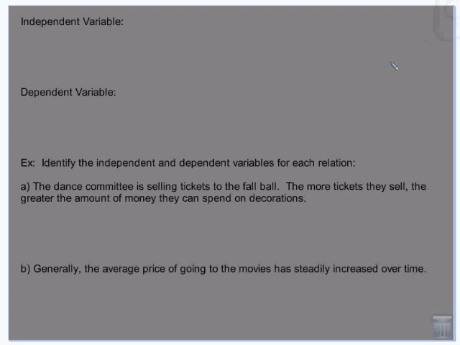And we have what's called independent variables, and the independent variable is the domain, which is the x's, which is the input. Okay? The independent variable is the variable that we can pick.